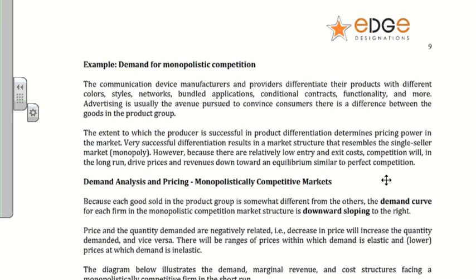An example of demand under monopolistic competition: communication device manufacturers and providers will differentiate their products with different colors, styles, networks. You can get a green cell phone, a blue cell phone, an iPhone, bundled applications, whatever you like.